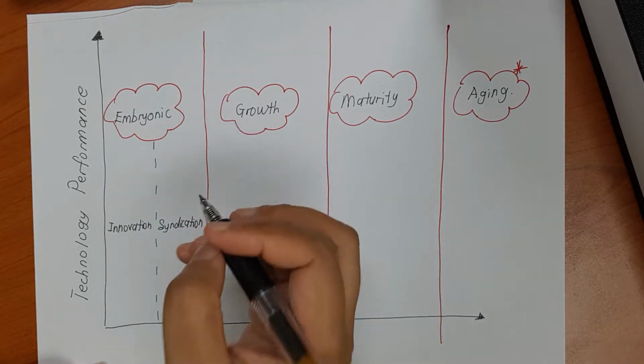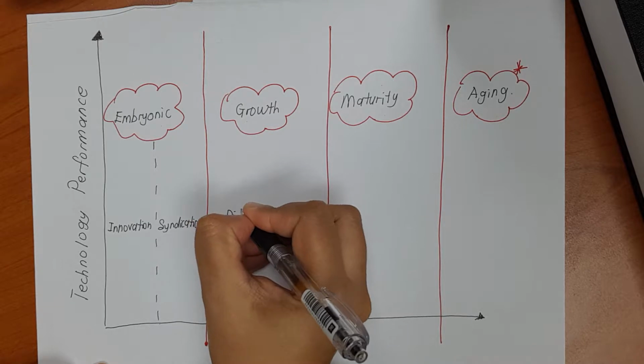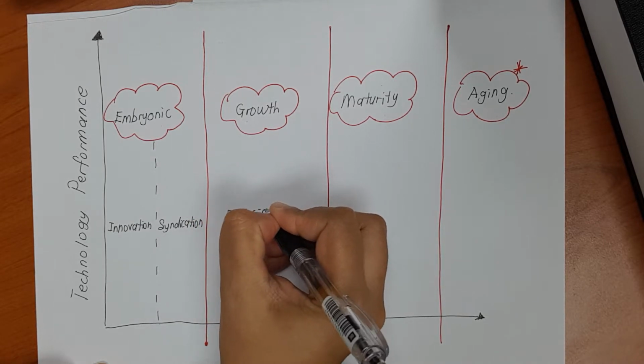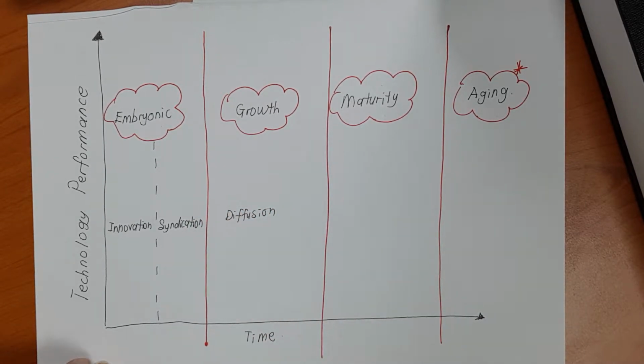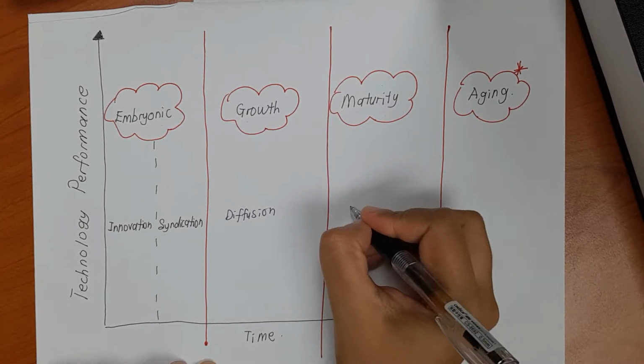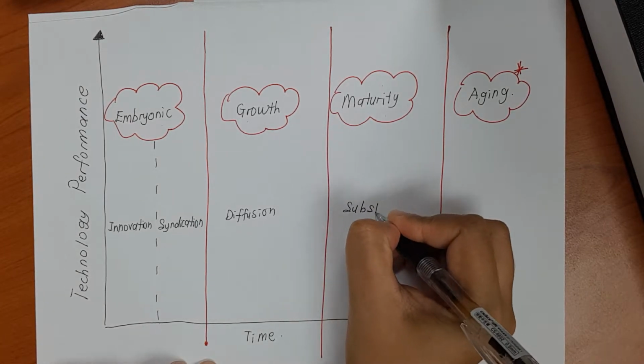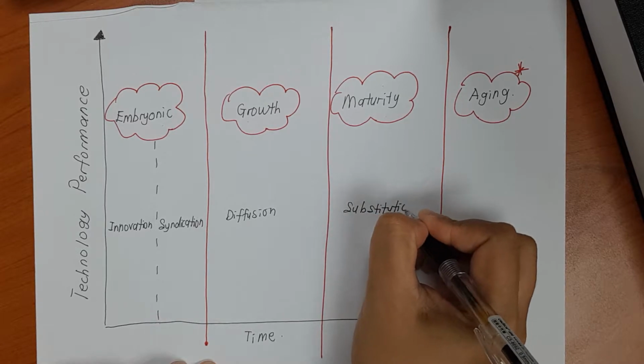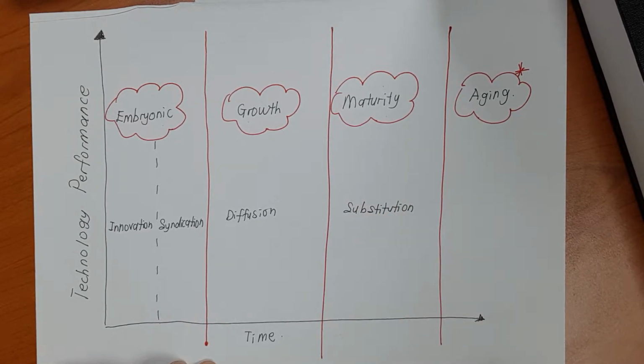For growth, we call it the diffusion stage, and for maturity it is the substitution phase. How does the graph look?